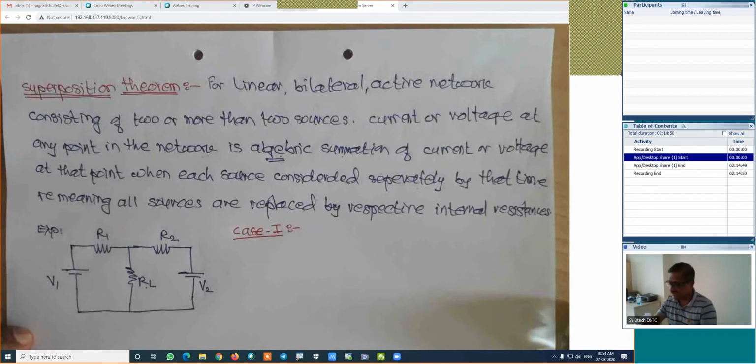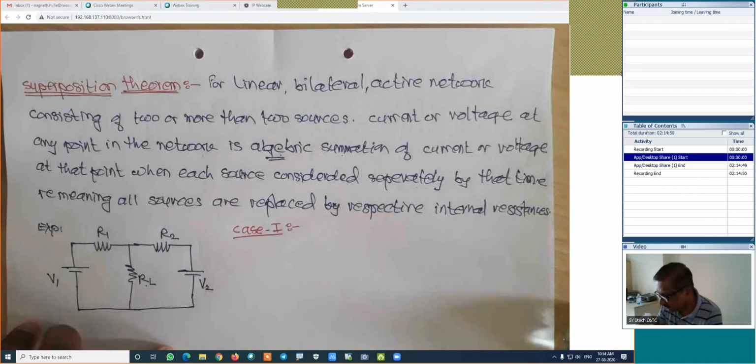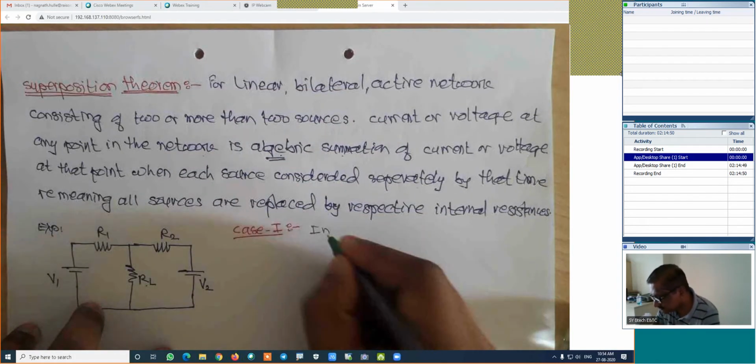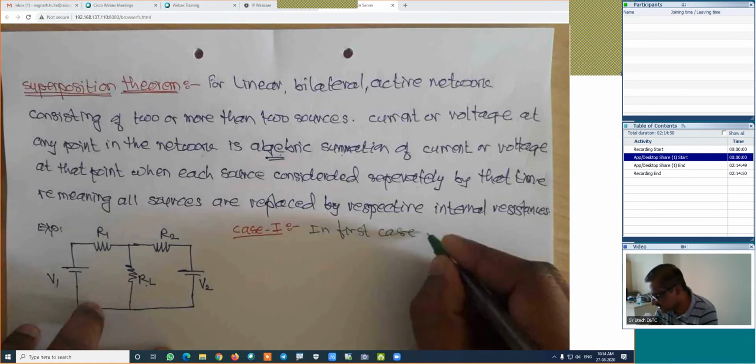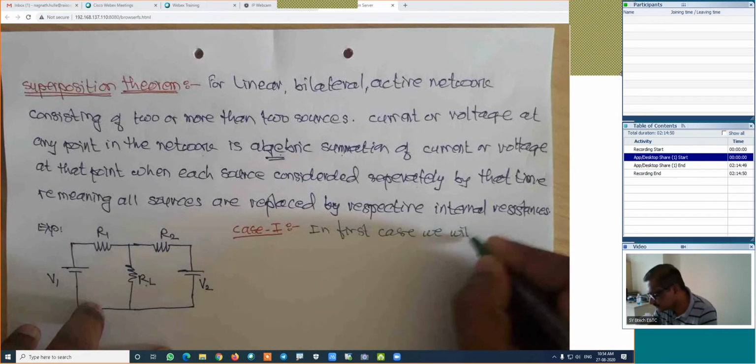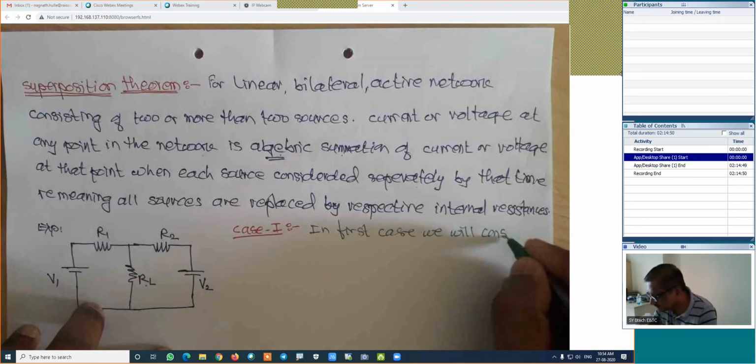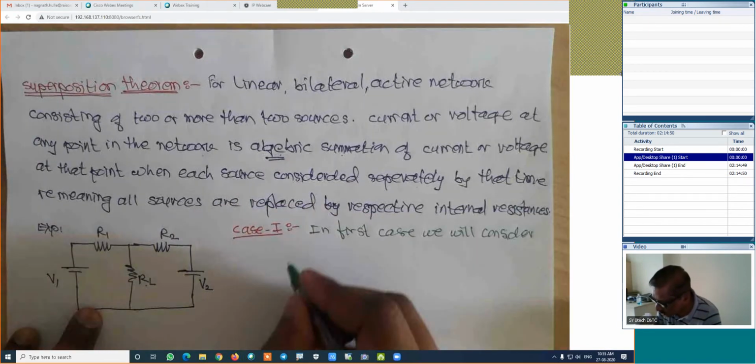I will write some statement here. In first case, we will consider source V1.